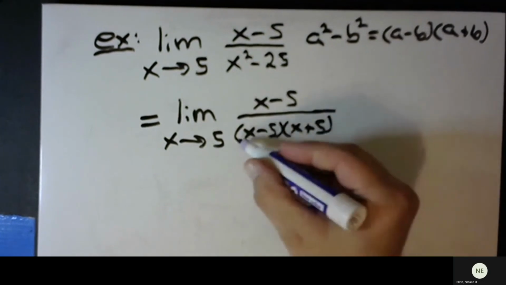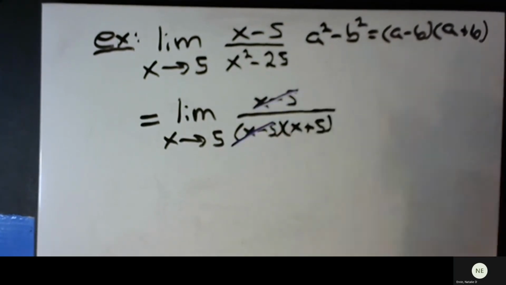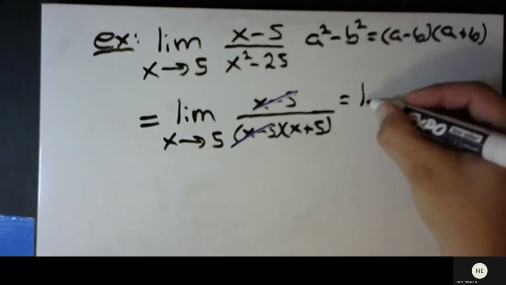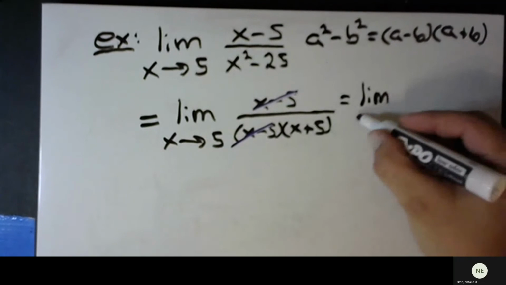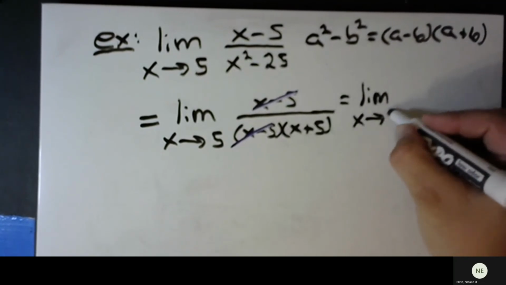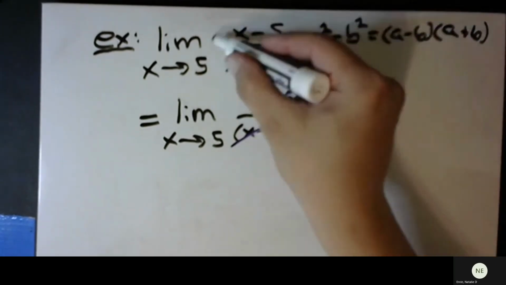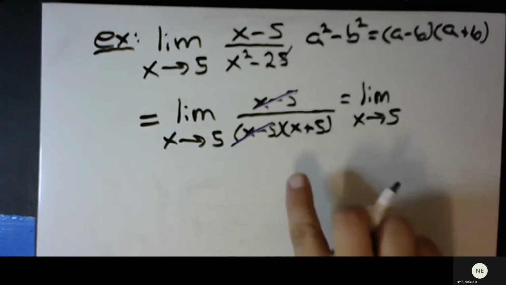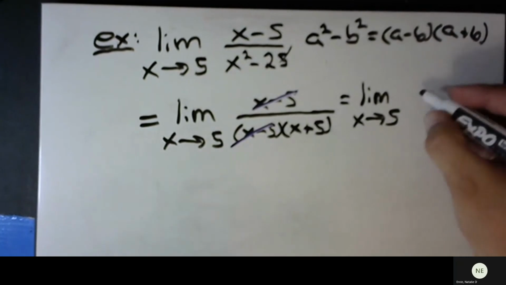So next, we're going to cancel the x minus 5. And that's going to take away that situation with division by 0. Now, again, when you're working in algebra, if you have a function that's given to you like this, as far as domain and range go, specifically domain, you got to leave it as it is. But when we're dealing with limits, we can cancel things.